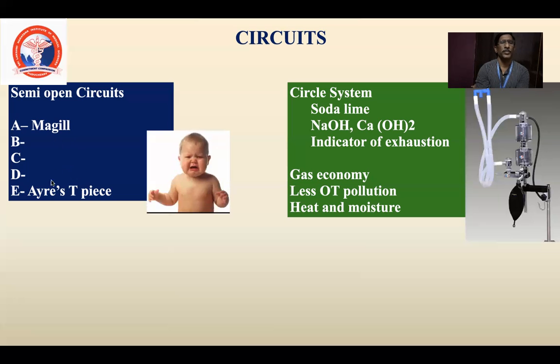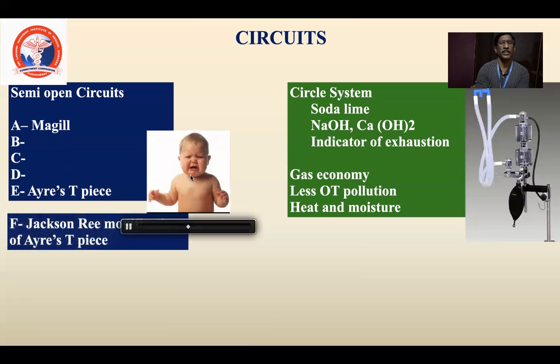So we have A to E, out of which A is called Magill's and E is called Ayre's T-piece. Ayre's T-piece is mainly for children. The Jackson-Rees modification of Ayre's T-piece is the commonly used circuit for pediatric cases, anesthetizing the children. Ayre's T-piece itself is not used; its modification by Jackson-Rees is used now.